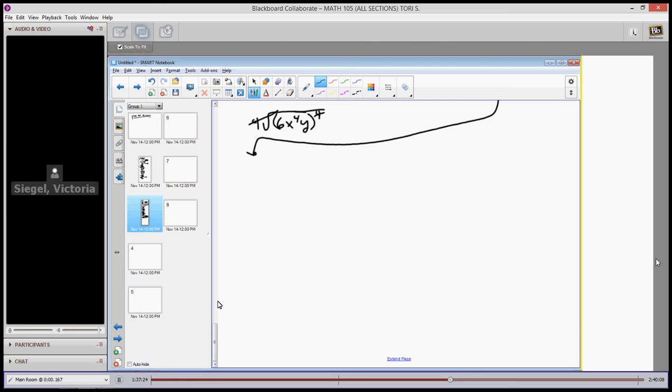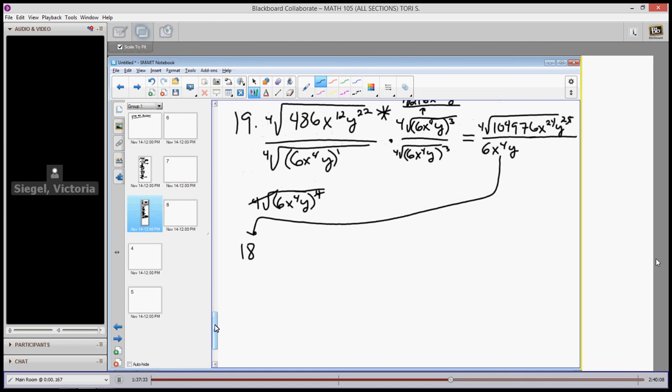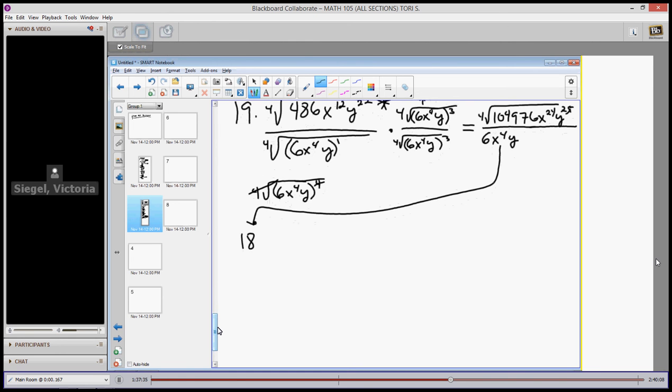So it's 18 to the fourth. So 18 comes out, and then we can deal with the exponents. So x to the 24th is divisible by 4, so x to the 6 comes out.